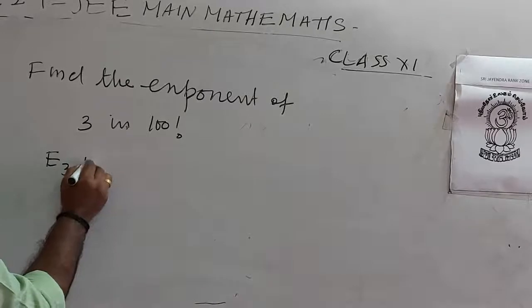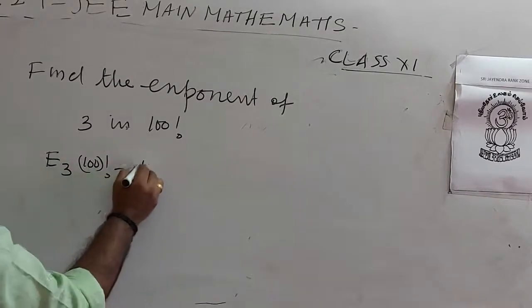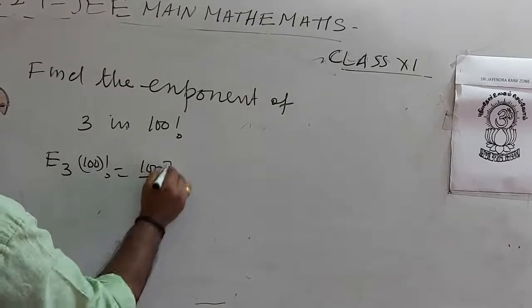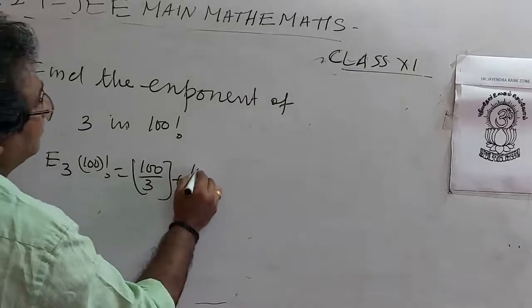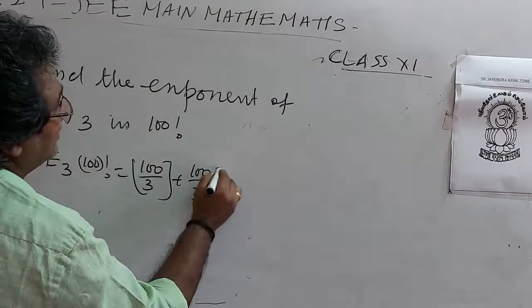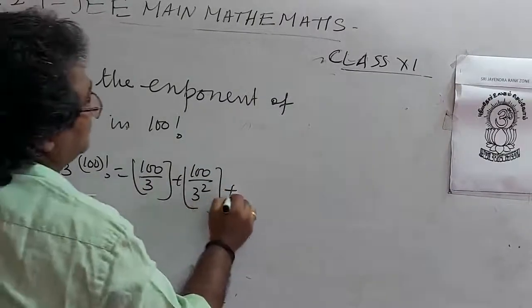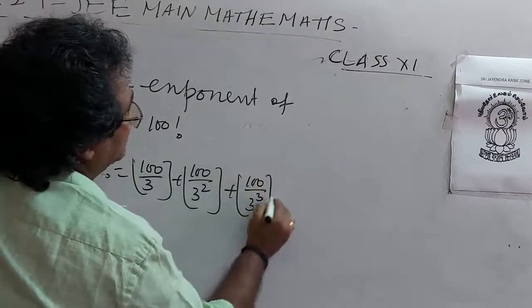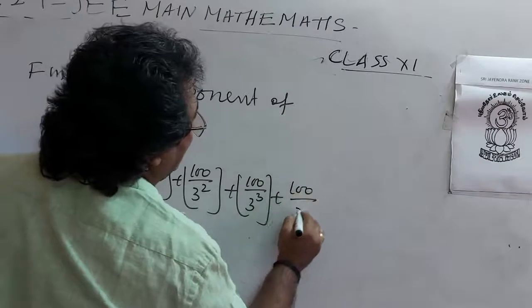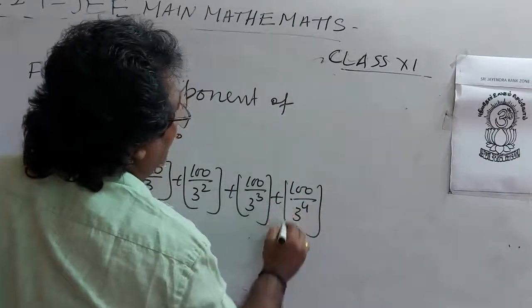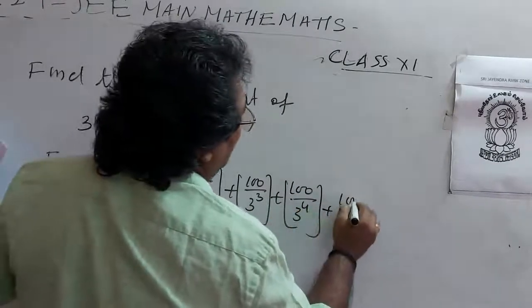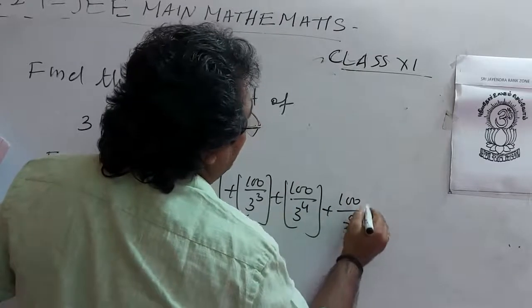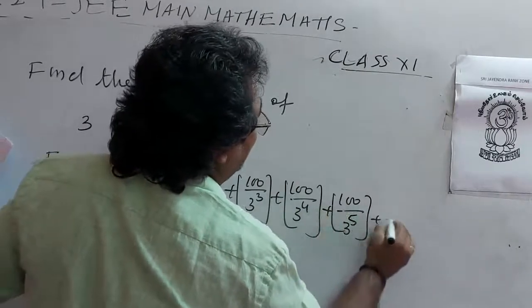Exponent of 3 in 100 factorial equals 100 by 3, plus 100 by 3 squared, plus 100 by 3 cubed, plus 100 by 3 power 4, plus 100 by 3 power 5, plus etc.